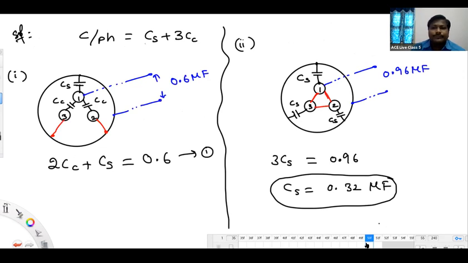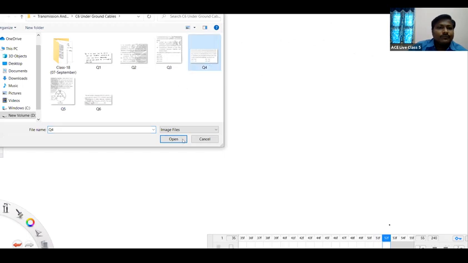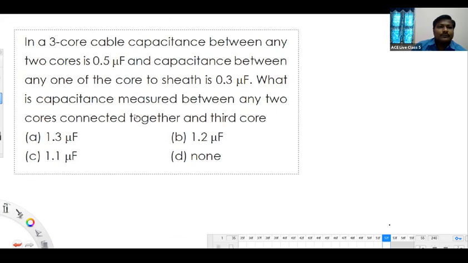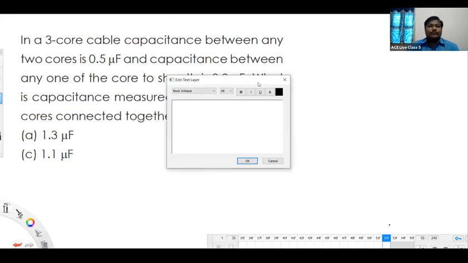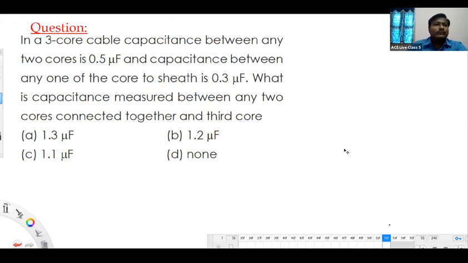So let's see. See this one. In a three-core cable, capacitance between any two cores is 0.5 microfarads.